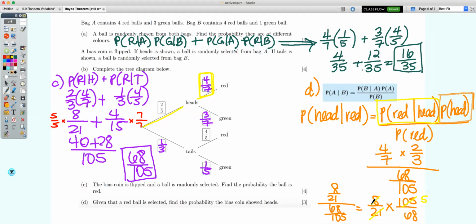And what number goes into 8 and 68? 4. So that's going to be 2. 68 divided by 4 is 17. Yes. So then we'll multiply straight across to get 10/17. That's how we can use Bayes' theorem in a problem like this.